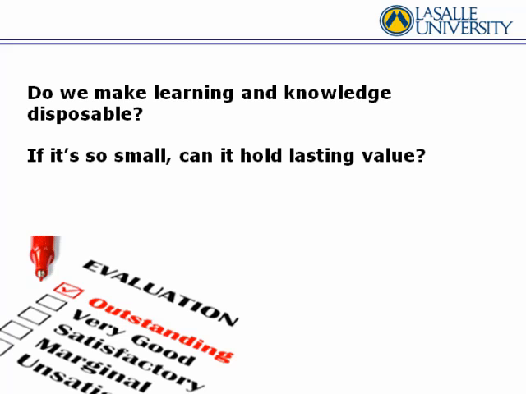I didn't put a lot of effort into it the first time around, so it's not going to make me feel too bad that I have to go back and update it. So that's one perspective. But do I really think it becomes disposable? What I actually saw as an answer was that it's becoming more portable, more accessible, and more timely, as opposed to becoming something that doesn't have lasting value.